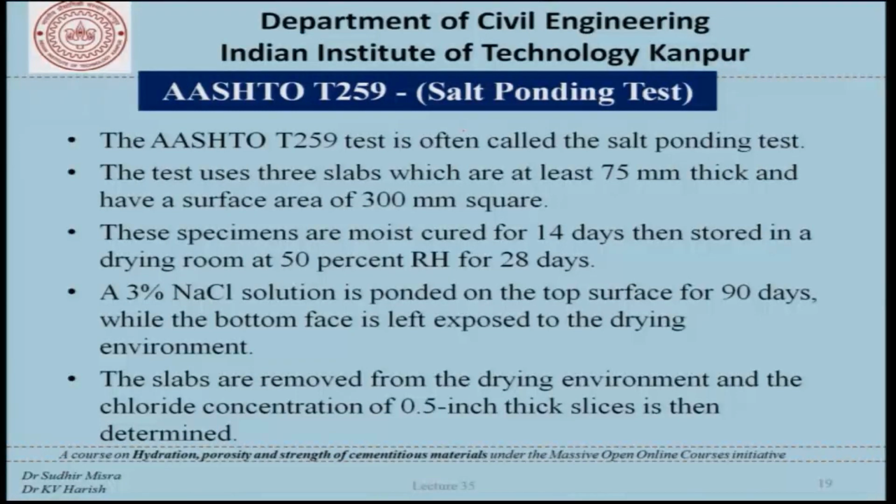So, this is basically the testing protocol, the method or the conditions of the environment in the specimen preparation, which is so important in determining the results of this test. A 3% sodium chloride solution is ponded on the top surface for 90 days. So, here we are talking of ponding for 90 days while the bottom face is left exposed to the drying environment.